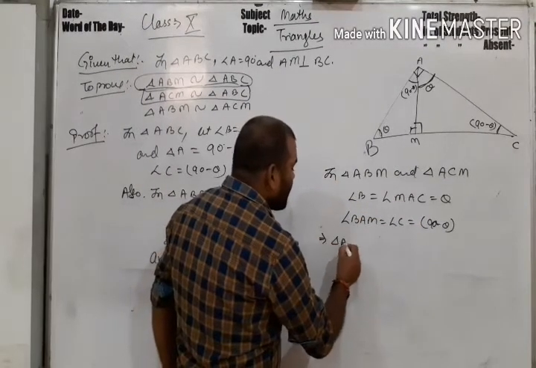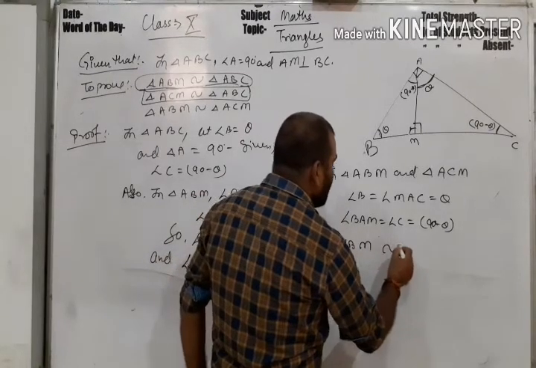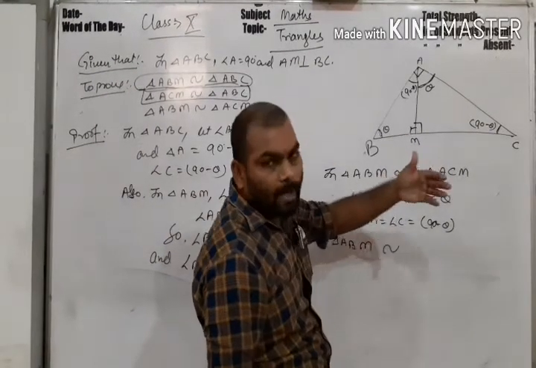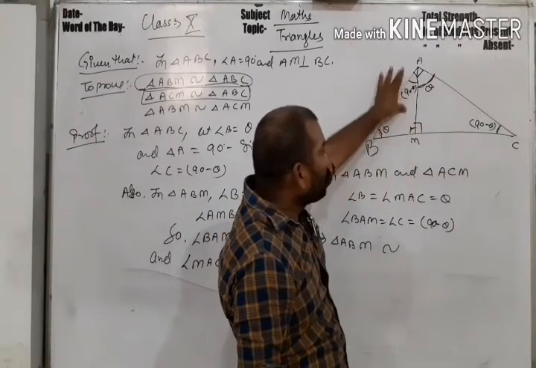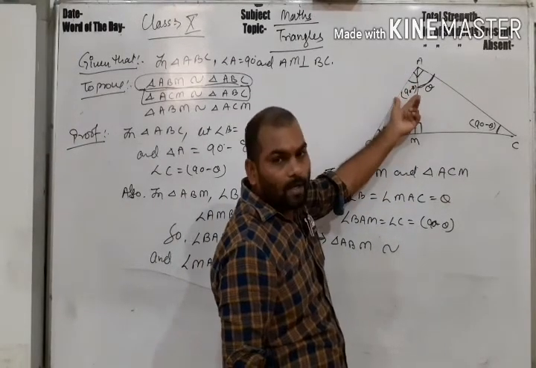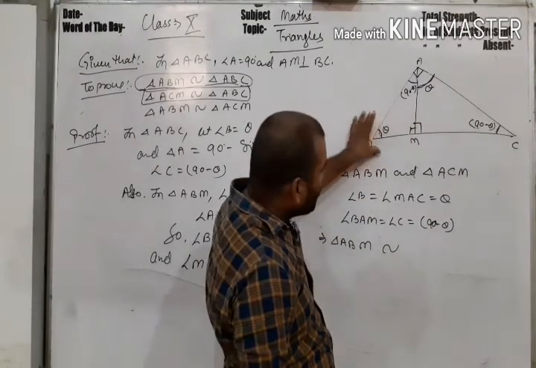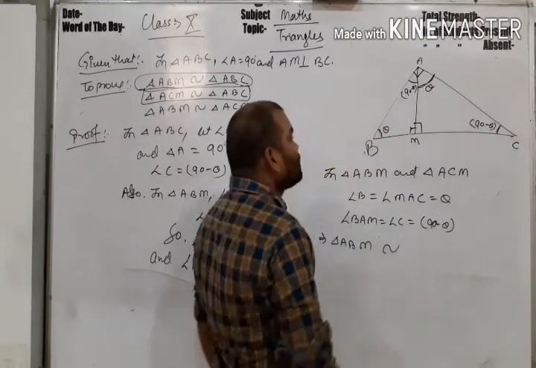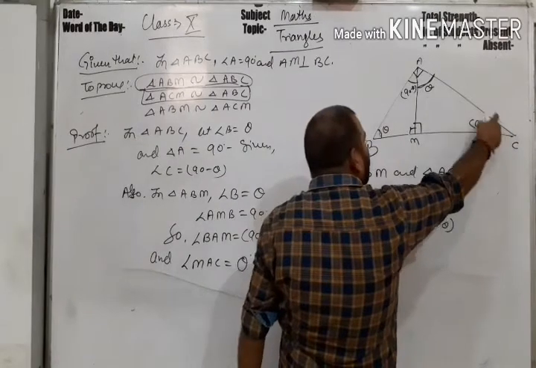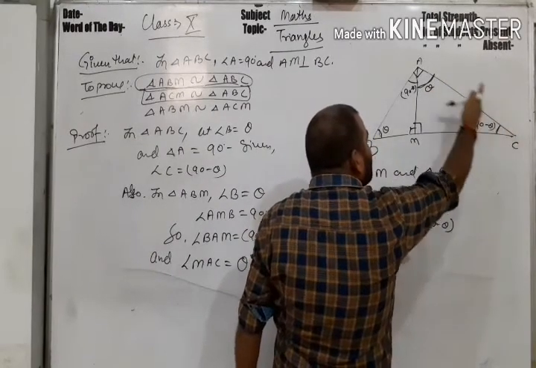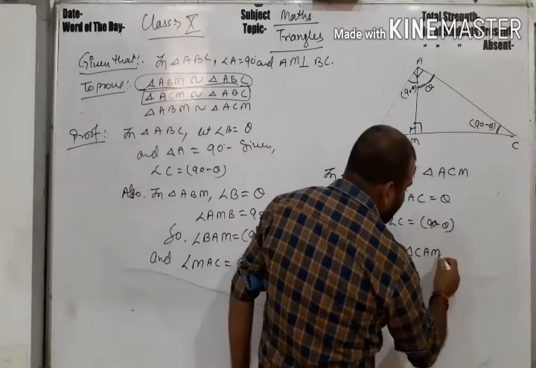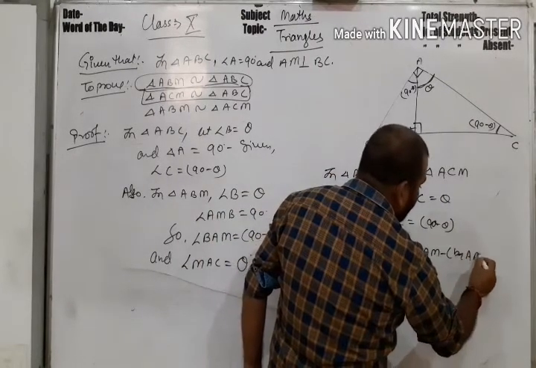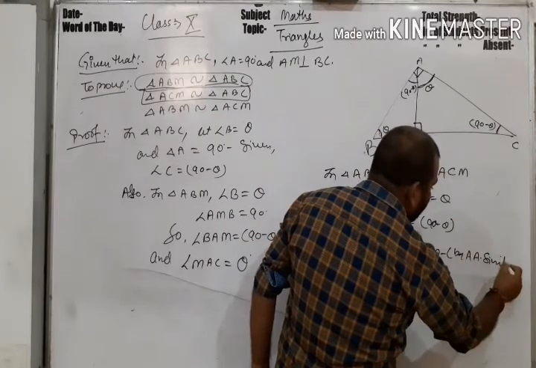That is, triangle ABM is similar to, again we look for the corresponding names. In ABM, A is the side containing angle 90 minus theta, B is the side containing angle theta. So here 90 minus theta, then theta, so the name changes to CAM by angle similarity.